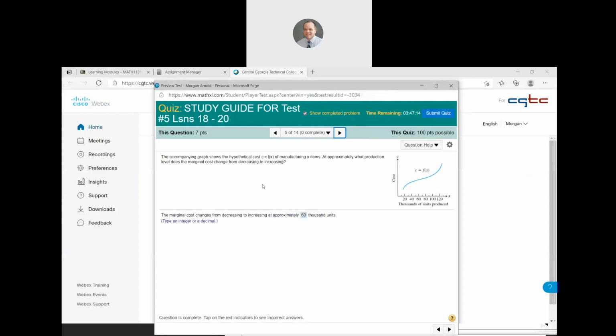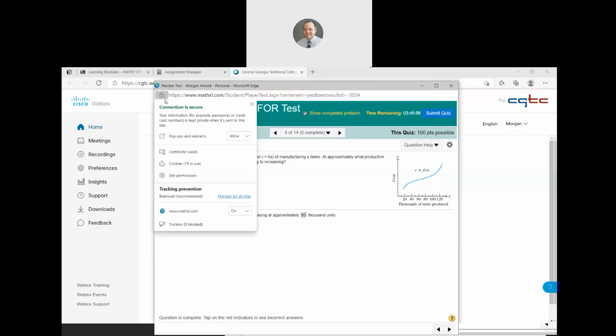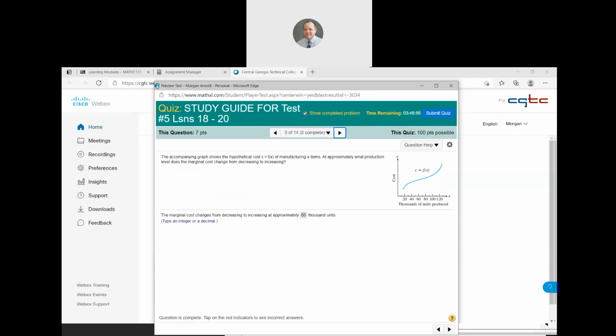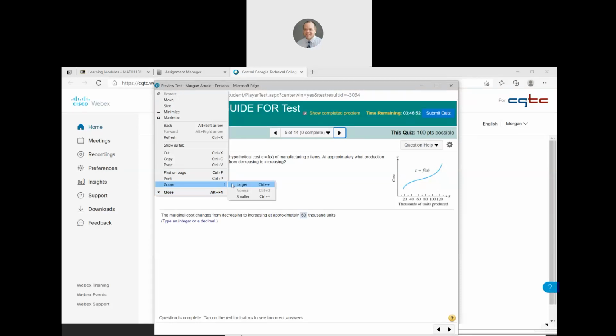The accompanying graph shows the hypothetical cost C equal f of x of manufacturing x items. At approximately what production level does the marginal cost change from decreasing to increasing? So let me enlarge our graph.